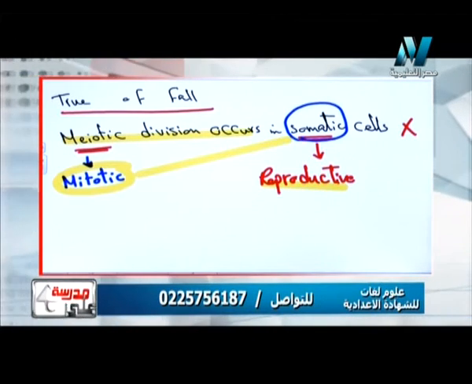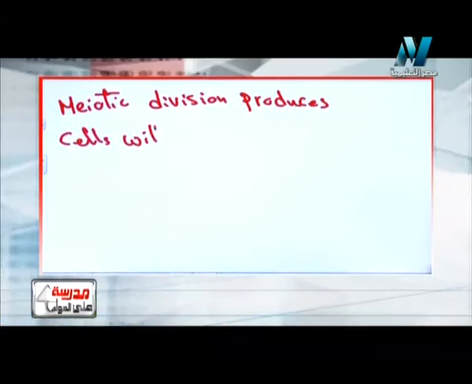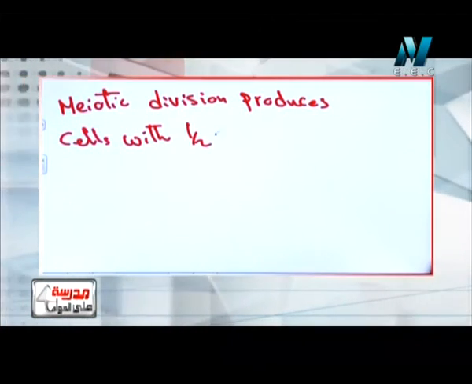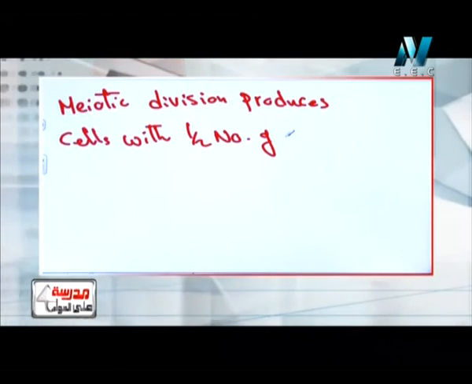Another question: meiotic division produces cells with half the number of chromosomes, or half the genetic material.